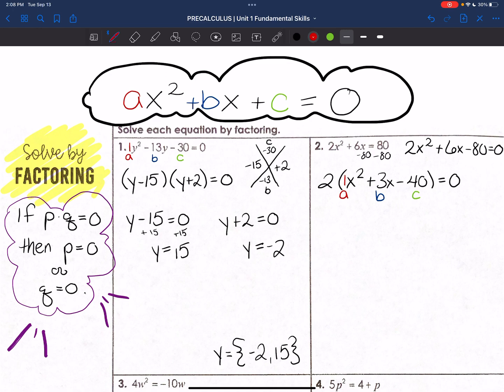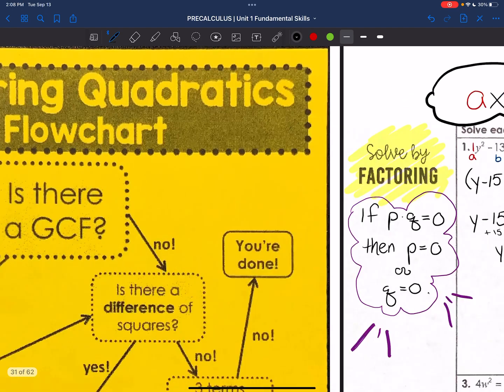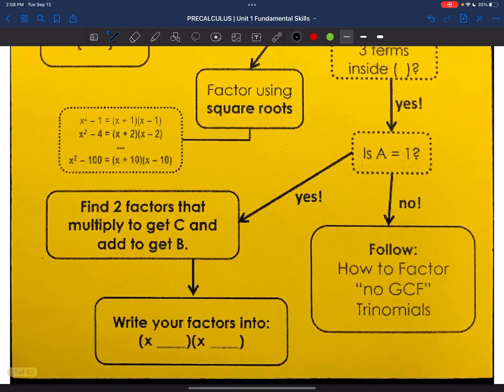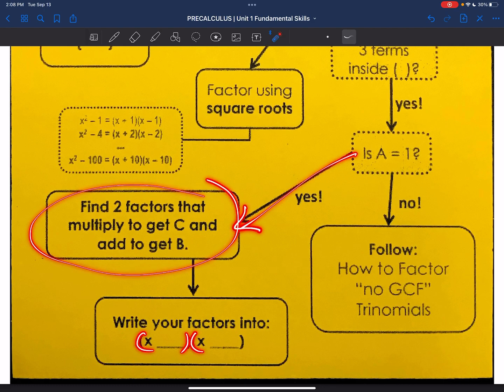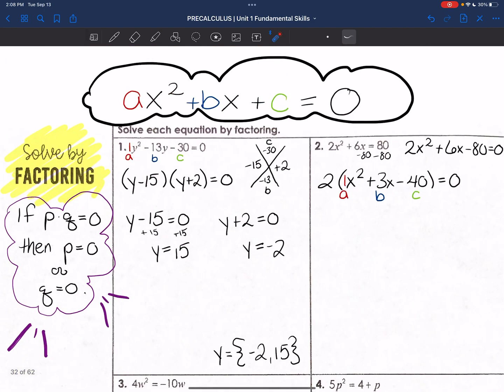Again, there is an almighty 1 in front of that x squared, so this is going to be the quicker factoring, because when we have that a equal to 1, our final answer looks like 2 binomials that both start with x. So we're going to have 2 binomials that both start with x, setting that equal to 0. Don't forget your GCF, that's still out front. But let's go ahead and find what those numbers are.